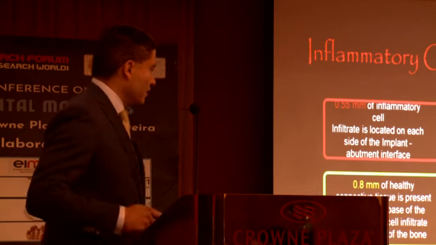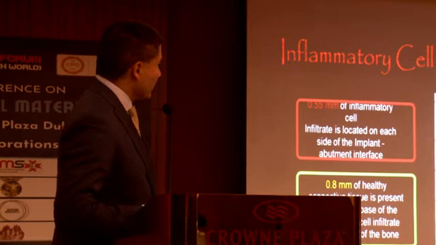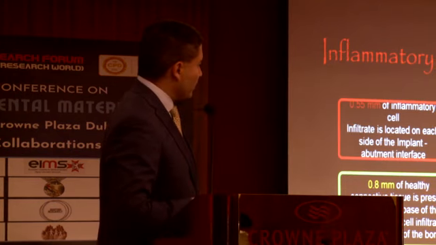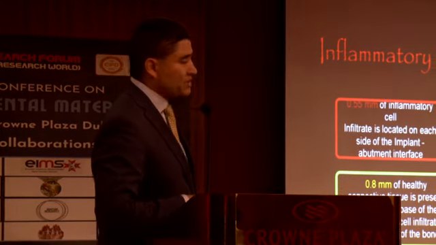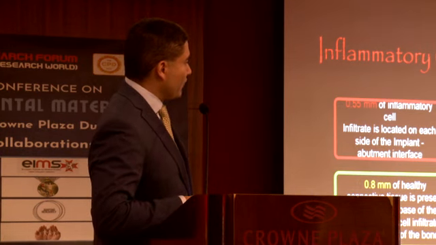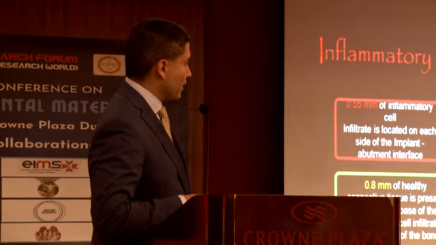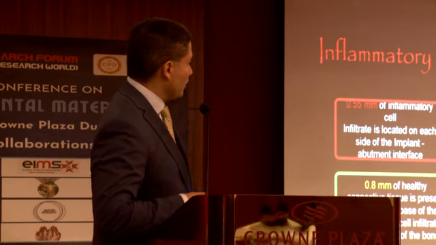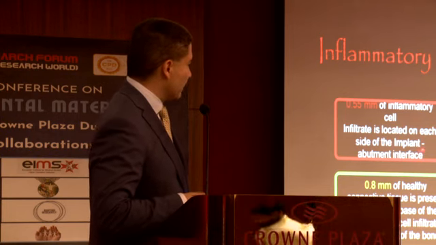Thank you. All right. So these are the different areas where we can predict how the inflammatory cell infiltrate is going to advance out of the implant. We have 0.5 millimeters of the sulcus around the implant collar, through which the true inflammatory cell infiltrate is going to advance.